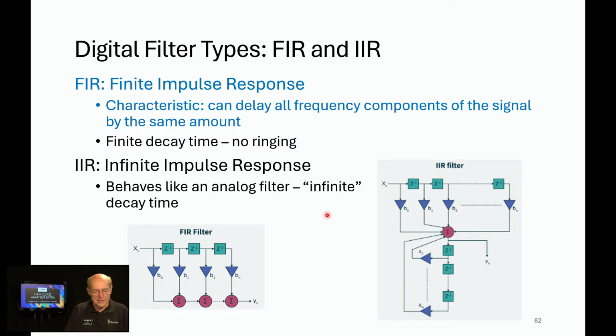Well, we know it really isn't infinite. It's like Kessler showed when he tapped a glass, that you could hear the glass ring, but it very quickly decayed to not being able to hear anything. Well, in theory it can be infinite, but it does have a decay time. So two different flavors. One is straight through, one depends on feedback.